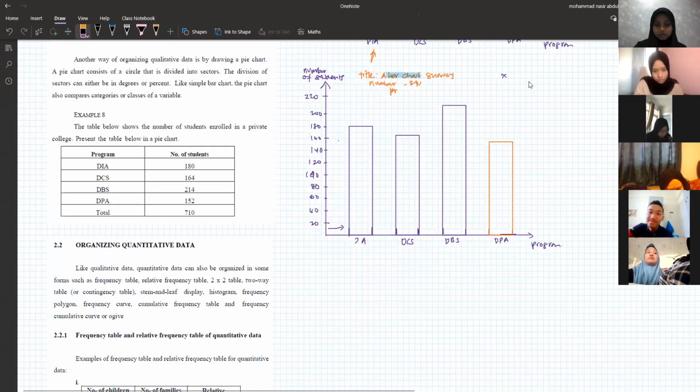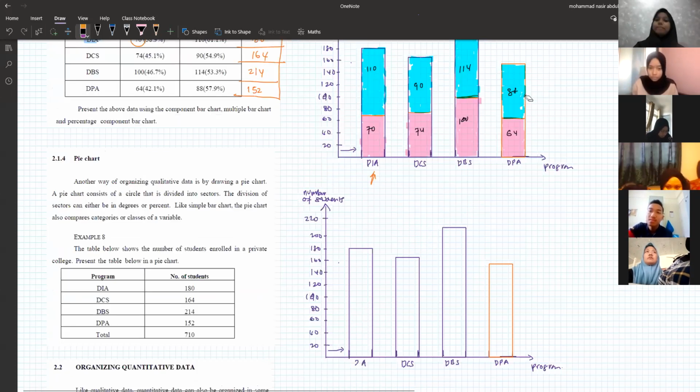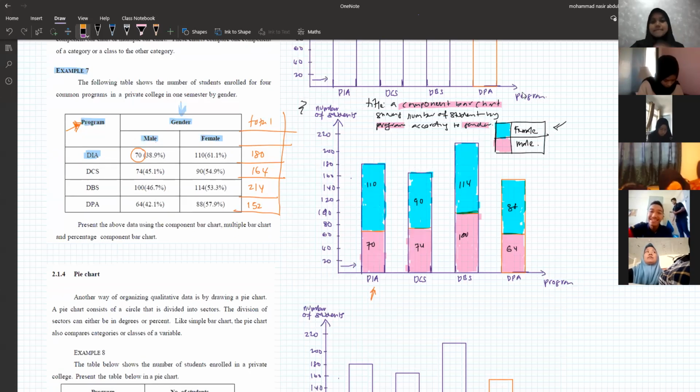Now we try to do a multiple bar chart. So multiple bar chart, same as cluster bar chart, is based on simple bar chart. Instead of having a stack, for component bar chart, we are stacking the bars together, and the total height of each bar is the same as the simple bar chart. But for multiple bar chart, it's quite different, right?